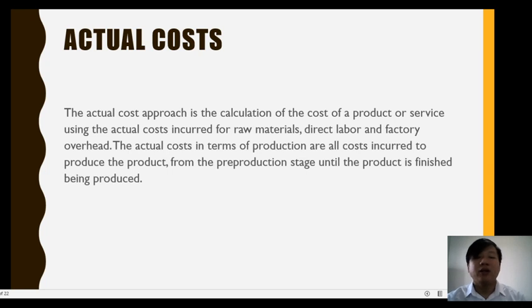The actual cost approach is the calculation of the cost of a product or service using the actual cost incurred for raw material, direct labor, and factory overhead. The actual cost in terms of production is all costs incurred to produce the product from the pre-production stage until the product is finished being produced.